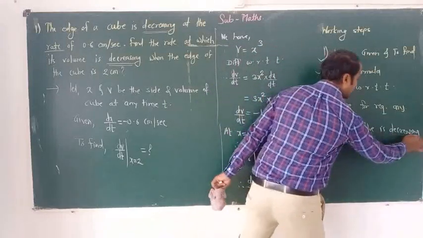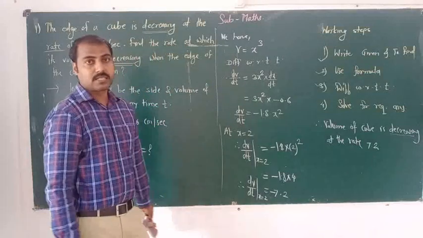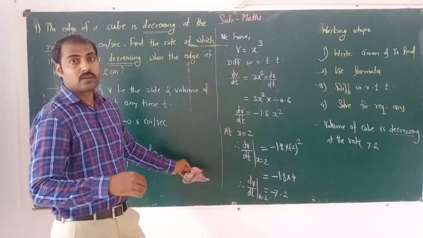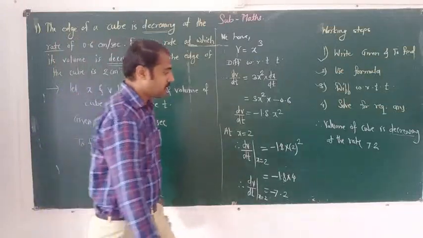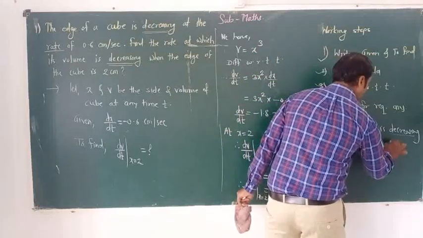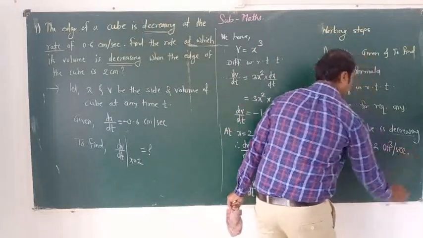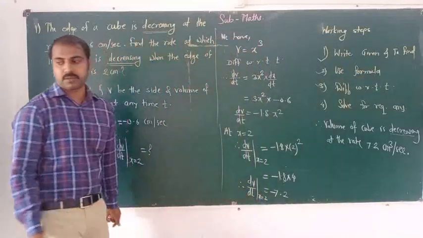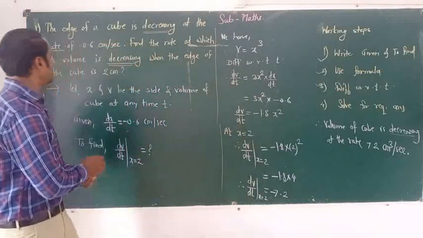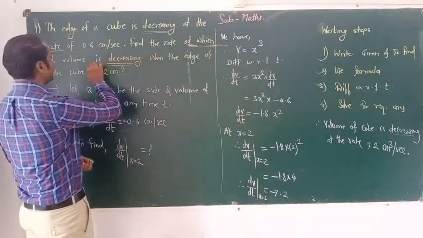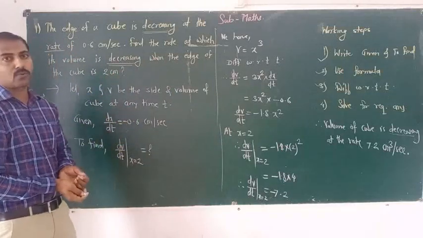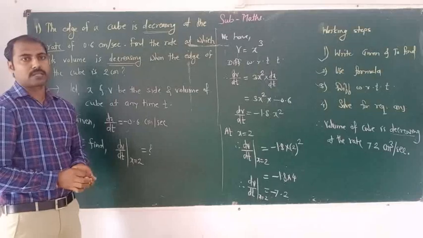Since the word is decreasing here, write positive quantity 7.2, and unit for volume is cubic units. So unit is centimeter cube per second. That is the rate at which volume is decreasing when the edge of the cube is 2 centimeter: 7.2 centimeter cube per second.